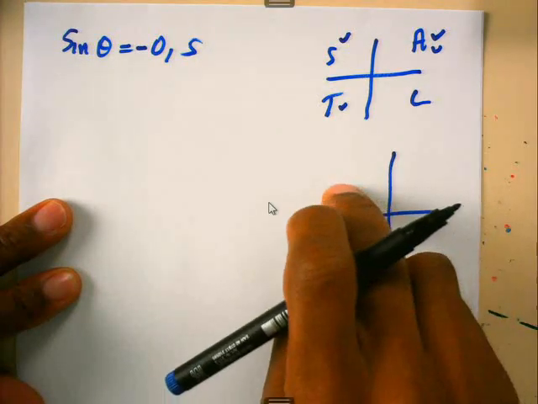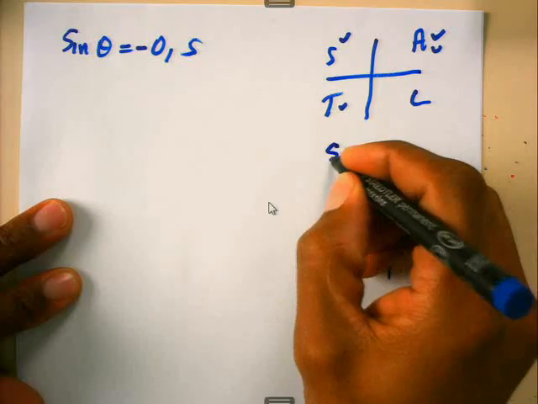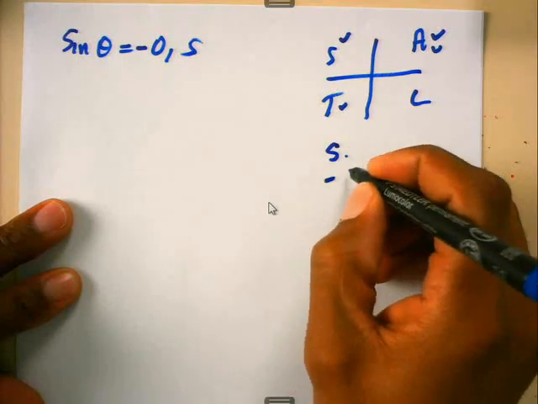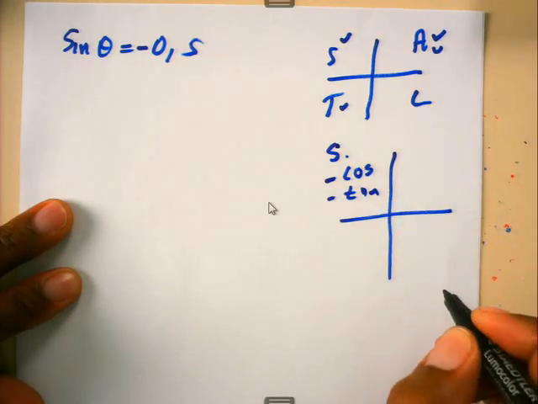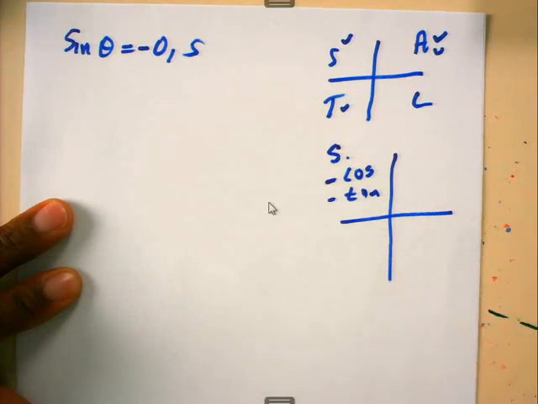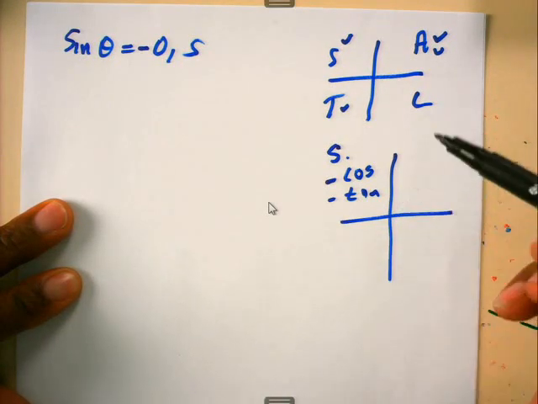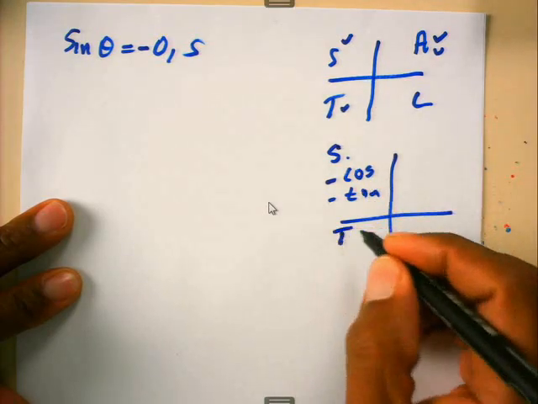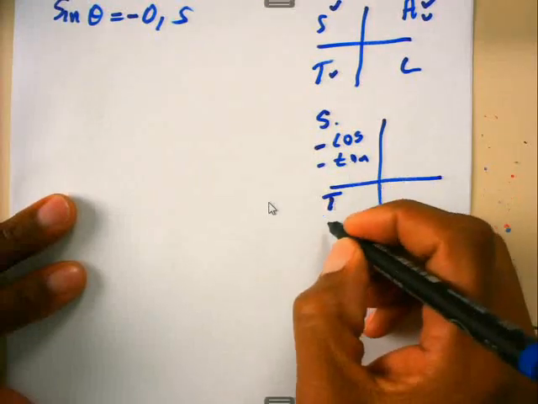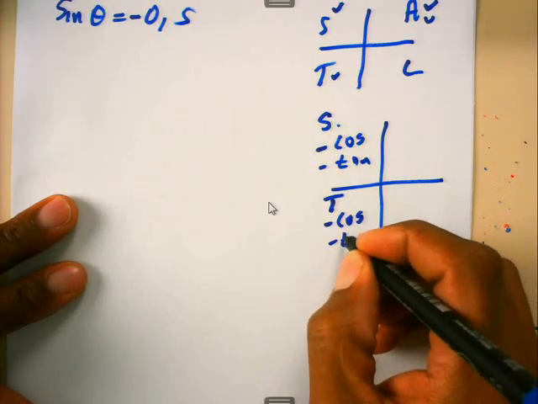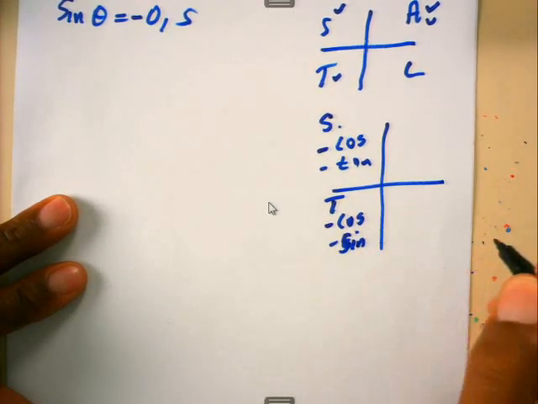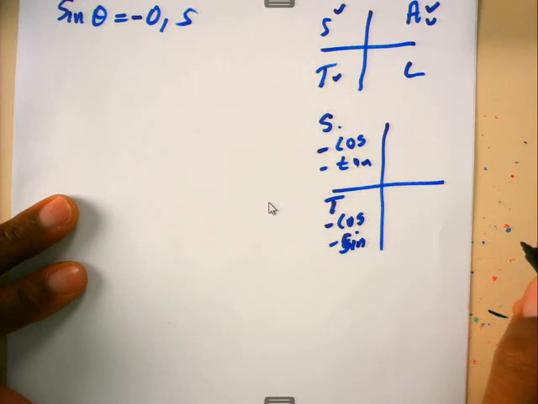But in the second quadrant, we said it's only sine positive. It means we have a negative cos and a negative tangent. In the third quadrant, what I know is that tangent is positive, and therefore cos is going to be negative, and sine also is going to be negative.